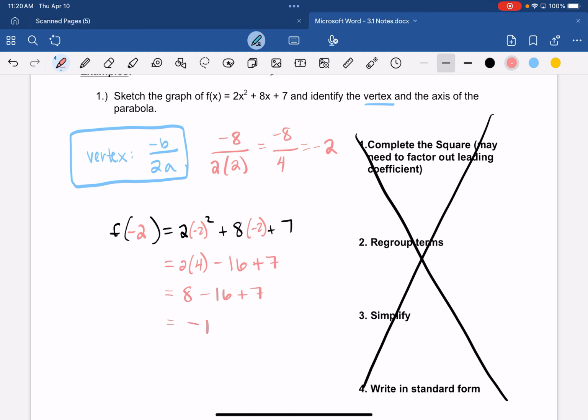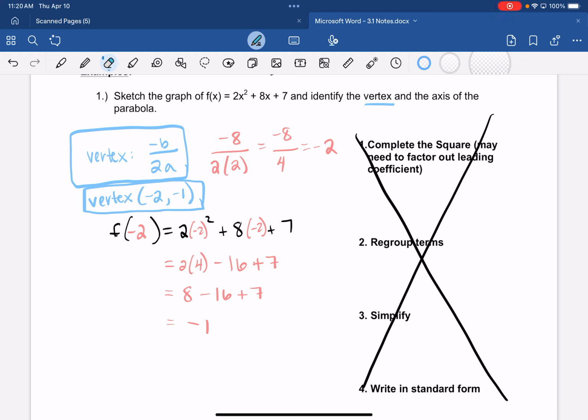Okay, so that's the y value of our point. Let's put this all together now. My vertex is negative 2, negative 1. So that's the first thing they're asking us in the problem, and it's what we need to graph our sketch.